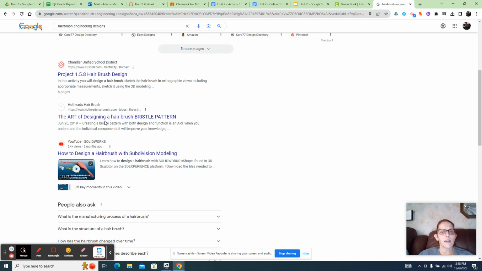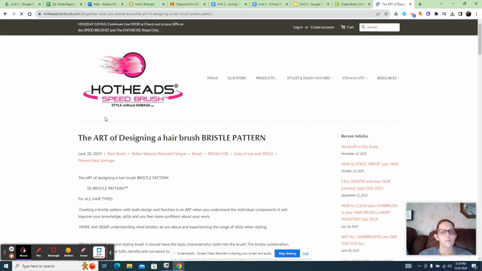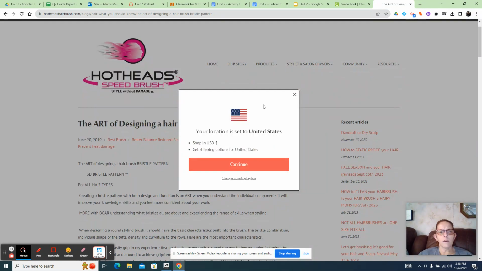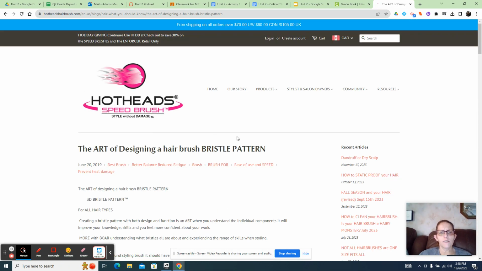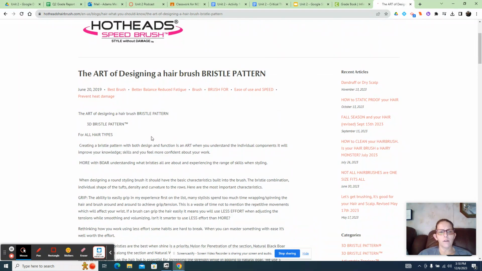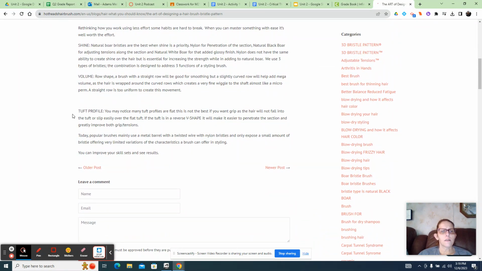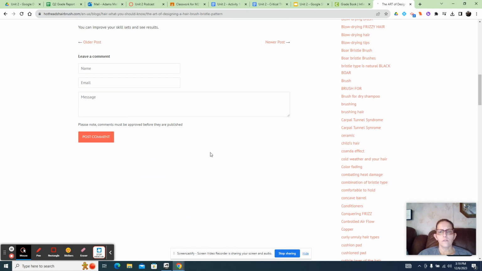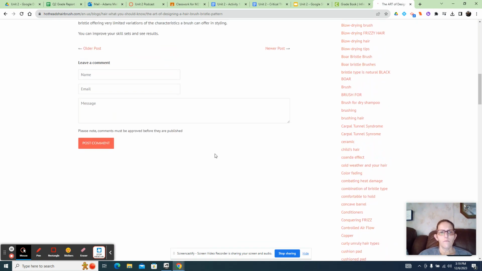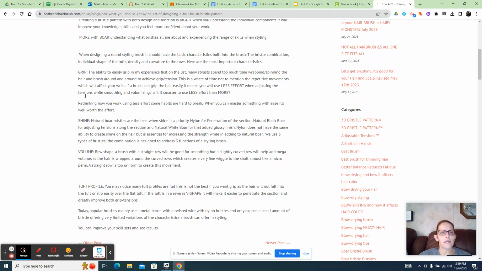So the art of designing a hairbrush. So maybe this gives me some information on the art of designing a hairbrush, bristle patterns, volume, tuft profile. Okay, so that might give me some information that I need.